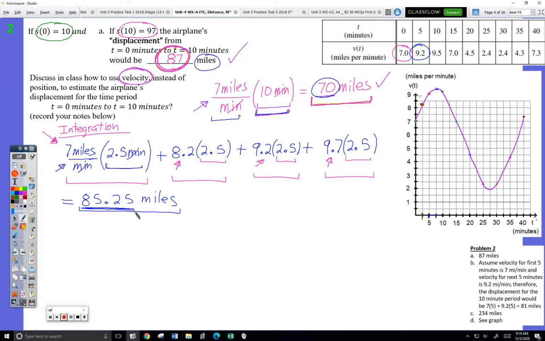The perfect answer is 87, because there's no flaw there, because we know exactly where the plane is at time 0. We know exactly where the plane is 10 minutes later, so we know the displacement is 87. There's no doubt. This is just our next best estimate, found by checking the velocity 4 times in the 10 minutes.